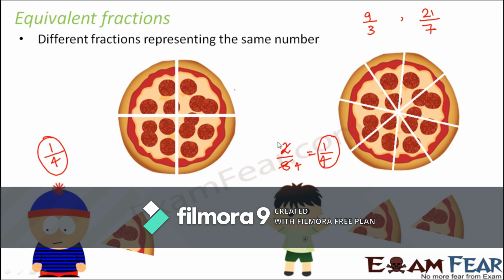So whether this boy ate 2 slices out of 8 or this boy ate 1 slice out of 4, it is all the same. That's because 2 by 8 and 1 by 4 are equivalent fractions. Now I hope you understand what equivalent fractions are. They are not equal, they are different fractions, but they represent the same number.